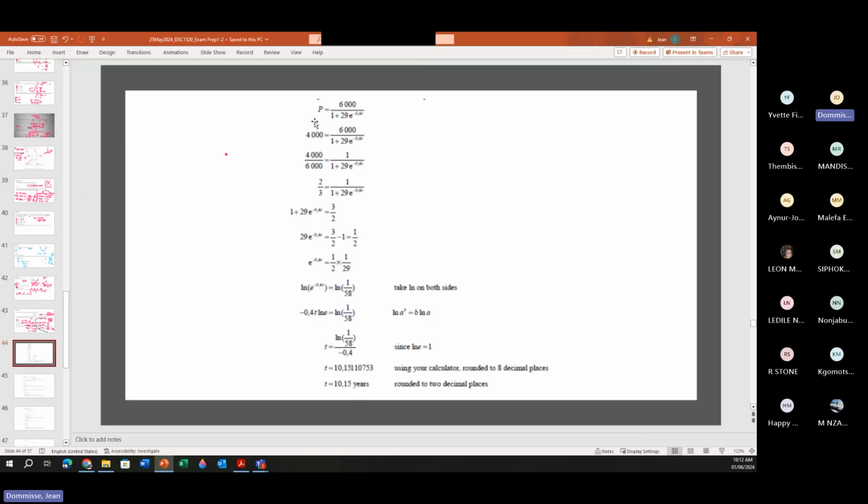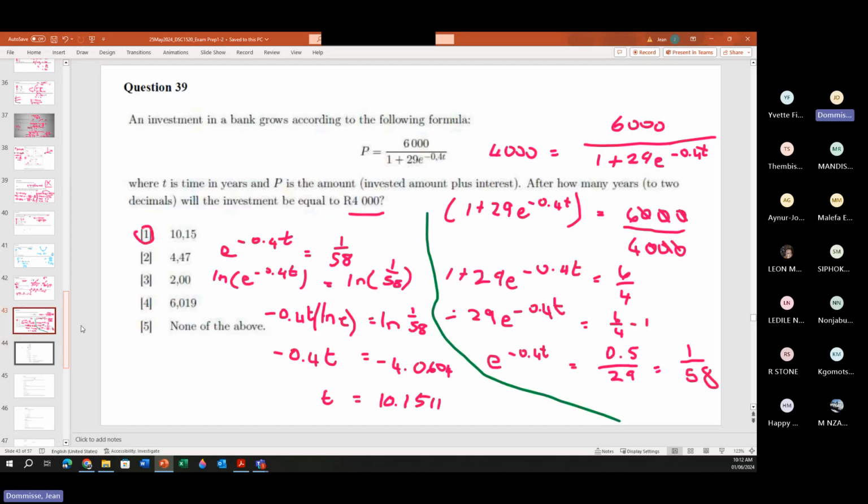So here is also a step-by-step way of getting to it, and I think that is important, just to see the step-by-step. Here I did it a bit differently, getting rid of the 6,000 first, but again it's a very similar process of getting to your answer. This was quite a long question to work out.